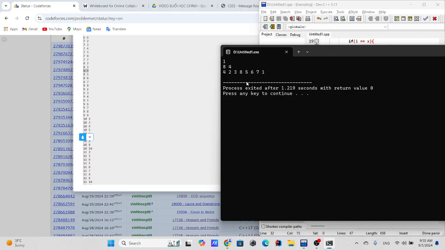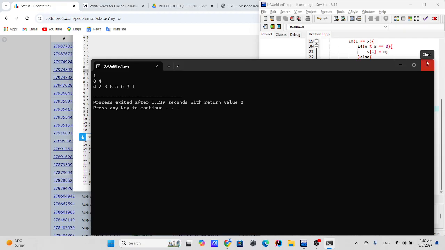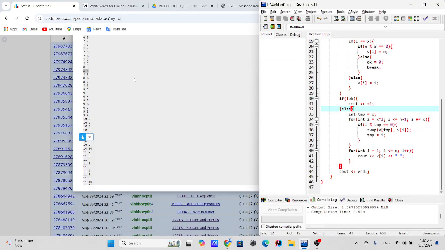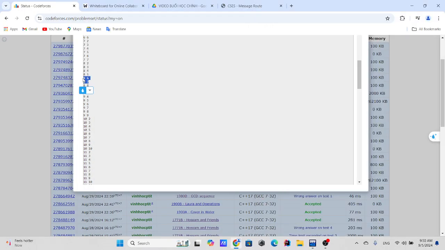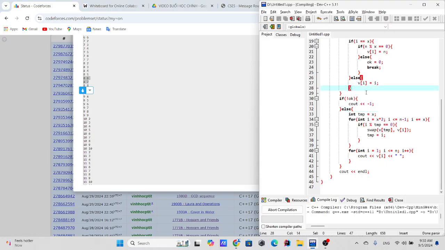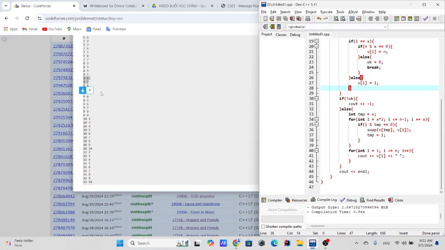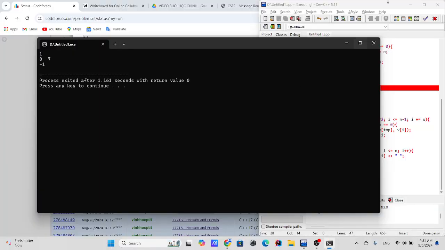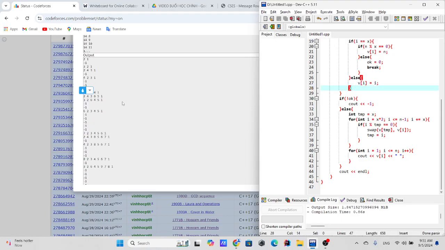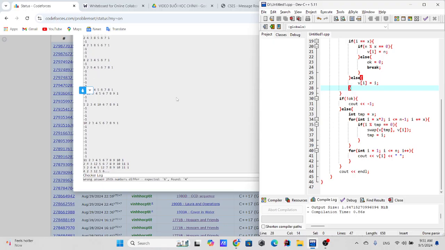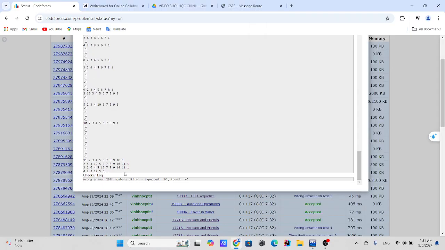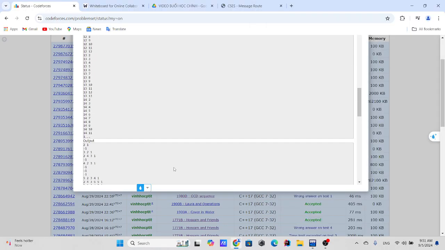Expected 4 found 6. What? 25th answer. What is that?